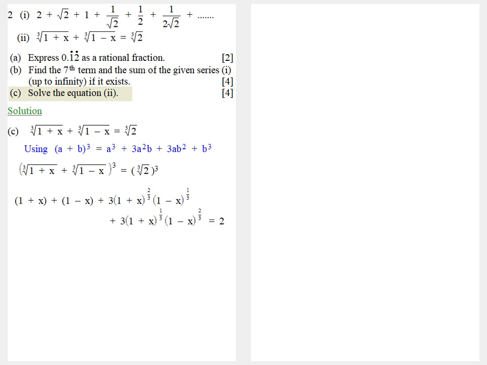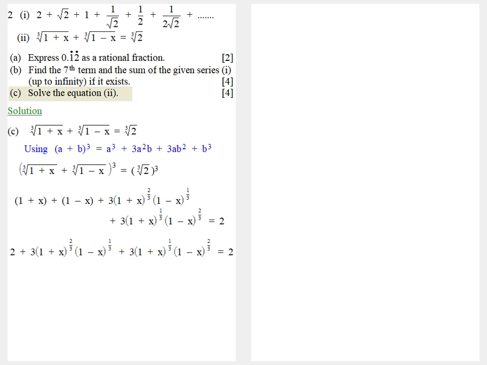And that expands out as 1 plus x plus 1 minus x plus 3 into 1 plus x all to the power 2/3 times 1 minus x to the power 1/3 plus 3 into 1 plus x to the power 1/3, 1 minus x to the power 2/3 equals 2.